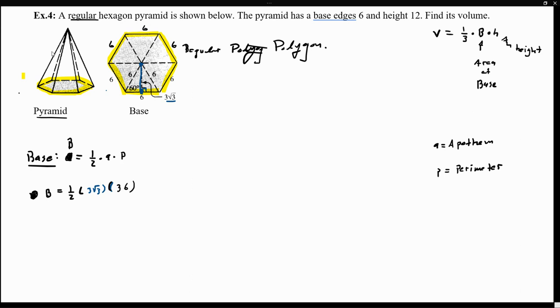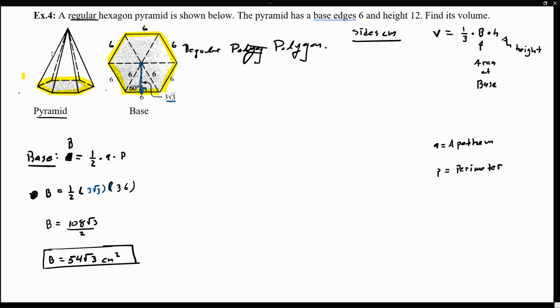So now notice that we have an equation here that we can use to find the area of the base, which we can simplify as 36 times 3 over 2. That's 108 over 2, which is equivalent to just 54 square roots of 3. Let's assume that all sides are given to us in centimeters. So therefore, centimeters squared. So now we know what the area of the base is. The area of the base is 54 square roots of 3.